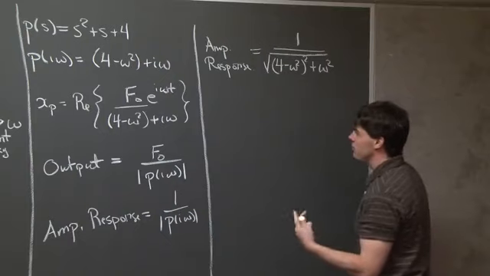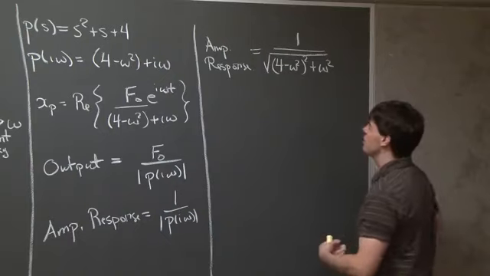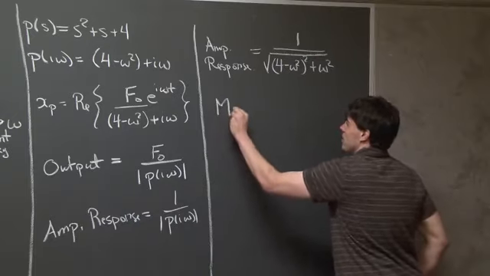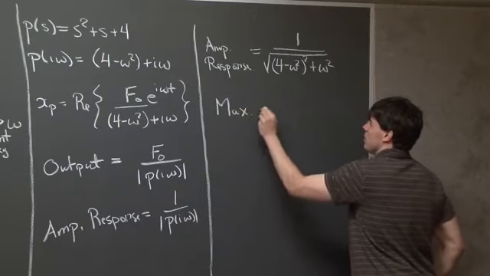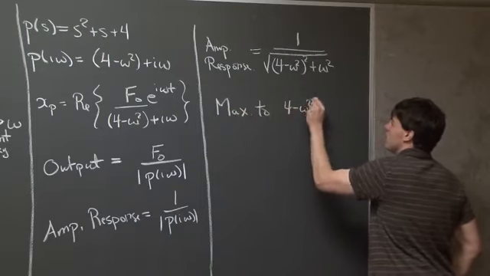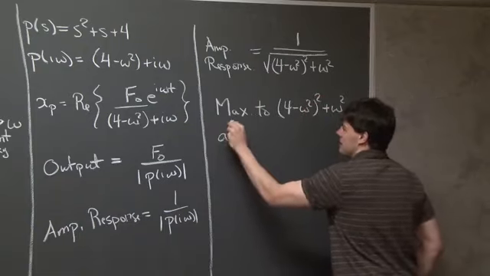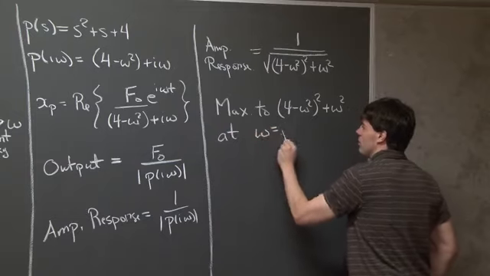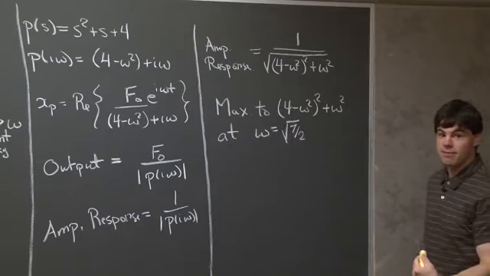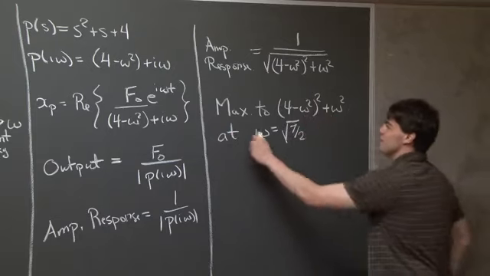And if you look at trying to maximize this function, so finding the critical points, we'd see that in this case, we have one critical point, to 4 minus omega squared plus omega squared. And this is at when omega equals the square root of 7 halves. It's actually a minimum. Sorry, this is a minimum.